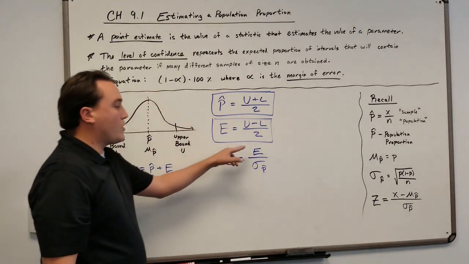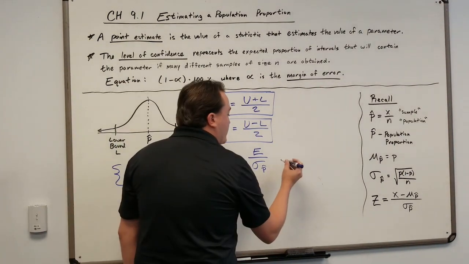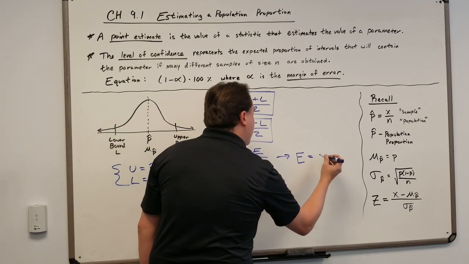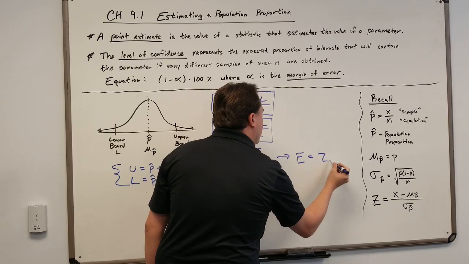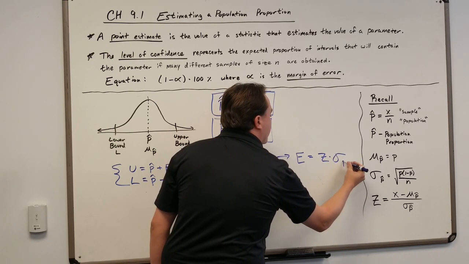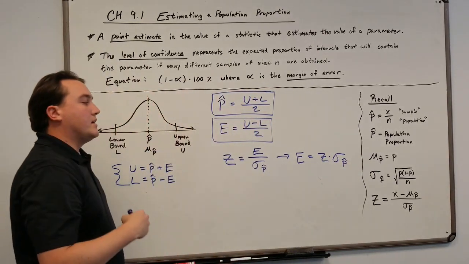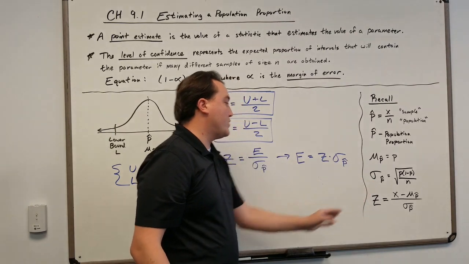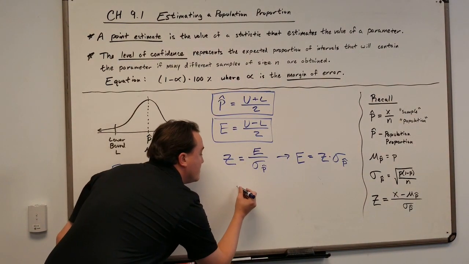And we solve this for our error, then we can find our error easier. Okay, so E equals Z times the standard deviation of the population proportion. Now let's go ahead and plug in the equation for that, which is right here. So this is the equation we're going to be dealing with a lot.